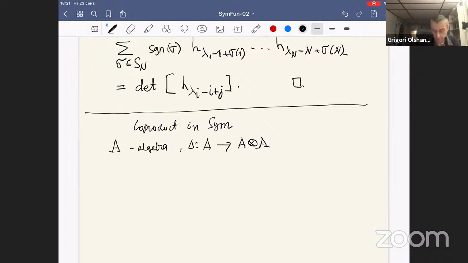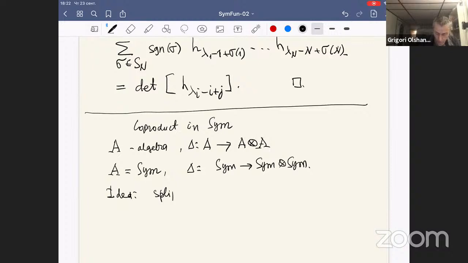The idea is as follows. Assume A is equal to the algebra of symmetric functions, and we want to construct a map. How to do that? The idea is to split an alphabet x, which is infinite.